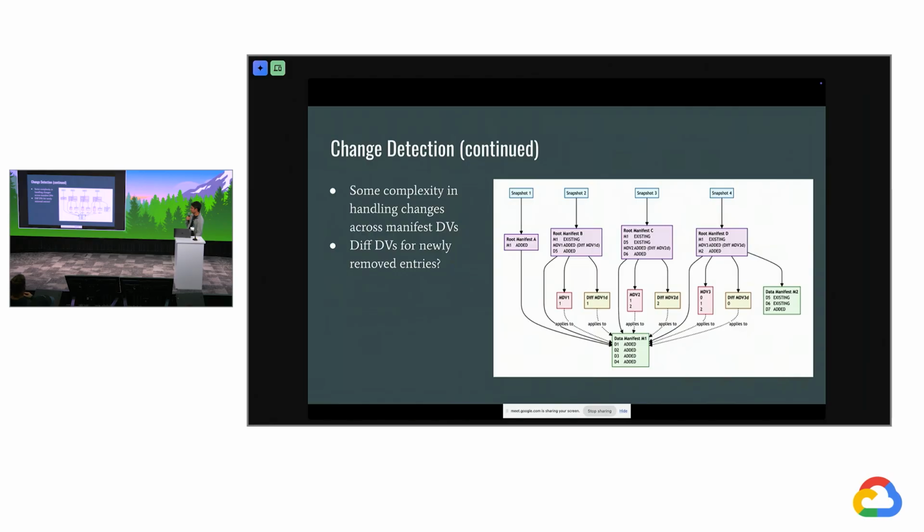We could keep manifest DV1 with an added status in the first snapshot, and in the second snapshot you'd have a new manifest DV, and the old manifest DV would be removed, so you could do diffing between the manifest DVs. Or we could maintain an explicit diff DV, which codifies which new positions for a manifest DV have been deleted. So the trick is, how do you maintain the state for which new positions in a manifest have been deleted, and still make sure that the metadata footprint isn't really high?